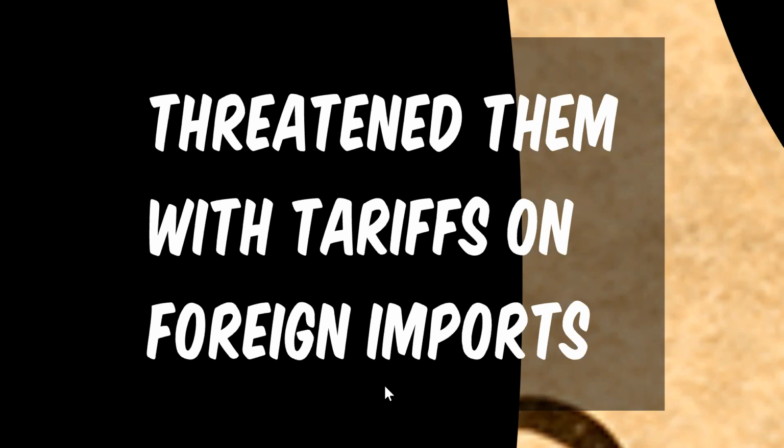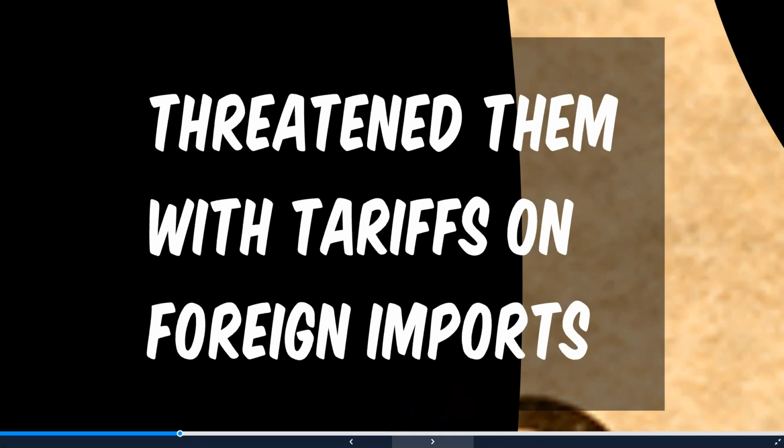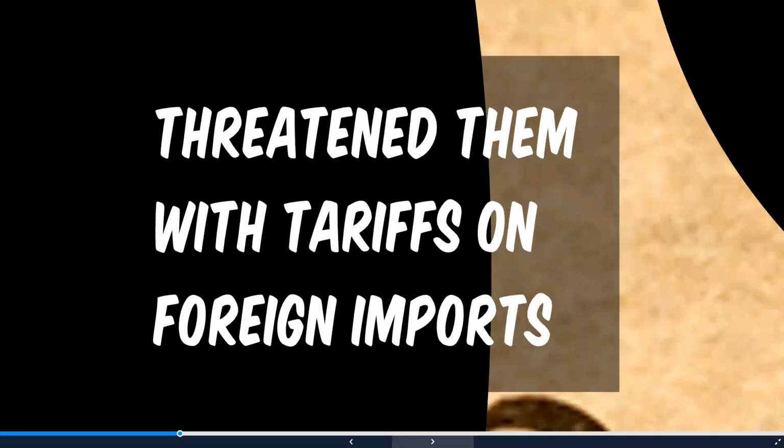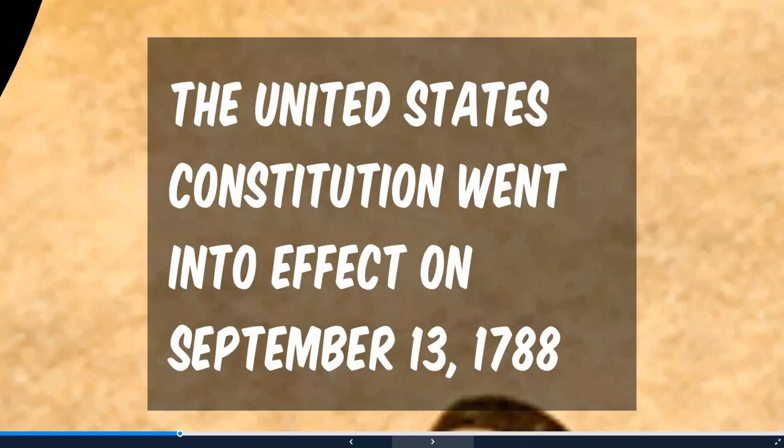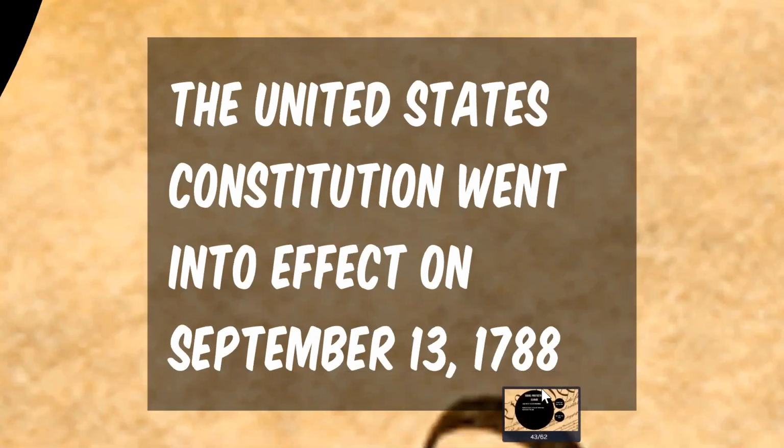And after that, Rhode Island and North Carolina saw the light, and they voted, and it became a unanimous decision to ratify the Constitution. And the Constitution went into effect on September 13, 1788.